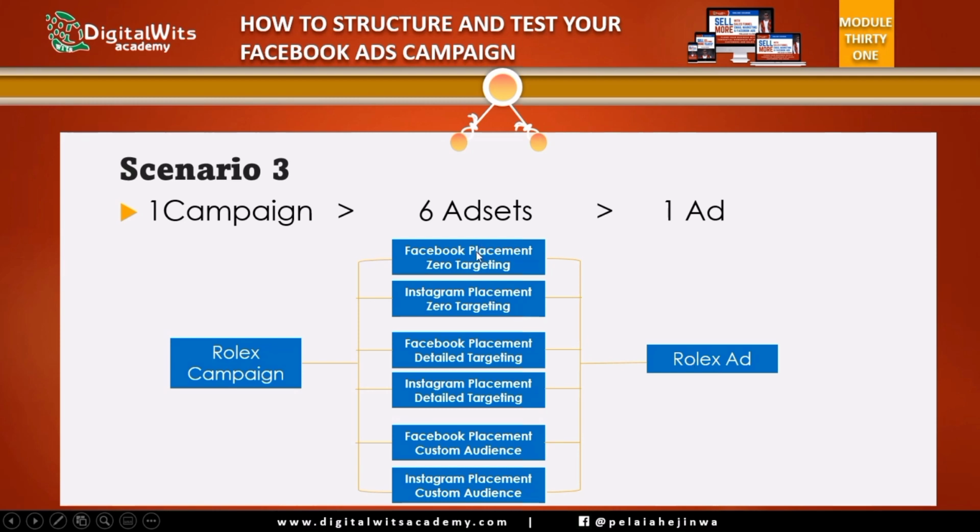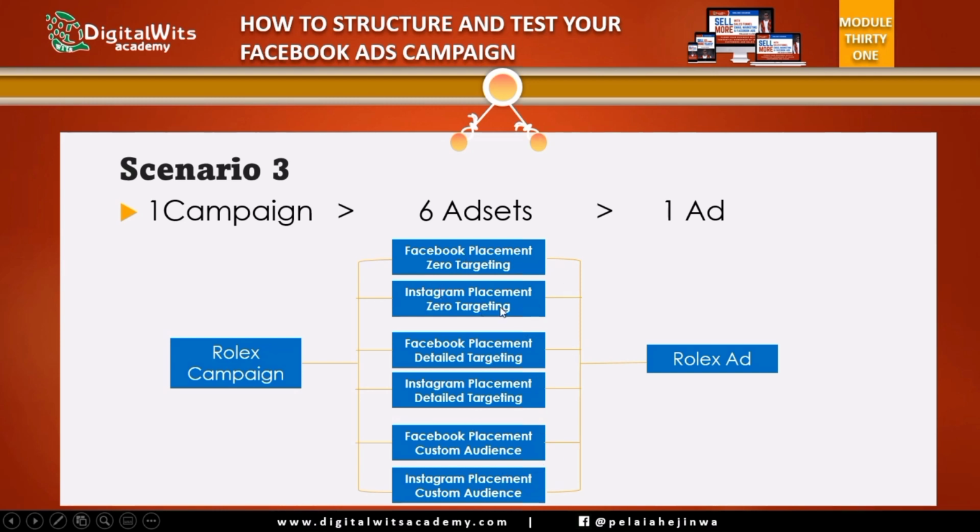So if you use all of these different ad sets to display the same ad creative, what you are simply doing is making this one have more engagement, likes and comments. And you are also testing how that particular creative performs when combined with all of these different ad sets.